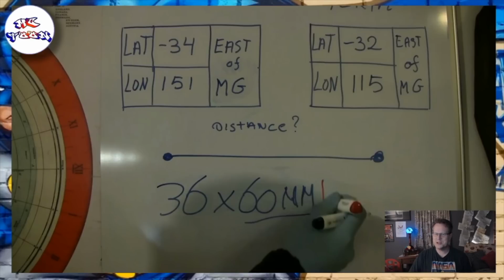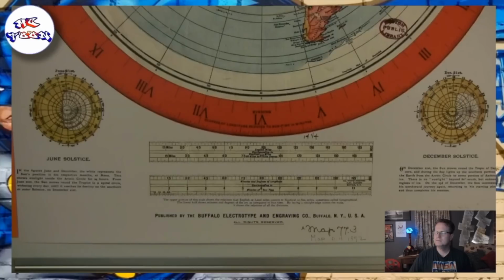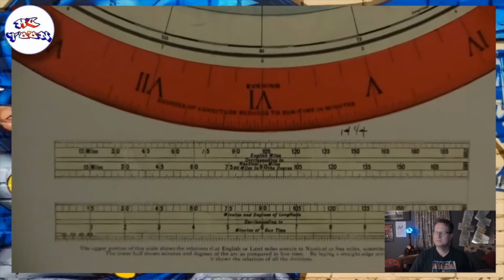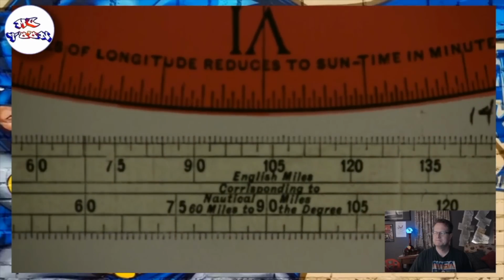That's a great question, and his answer is going to drive you crazy. To answer this question, we have to read between the lines. And it says 60 miles to the degree. It means for each degree is in reality 60 nautical miles.